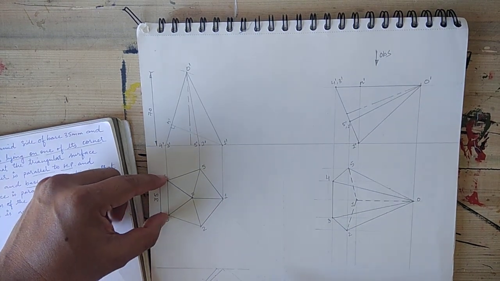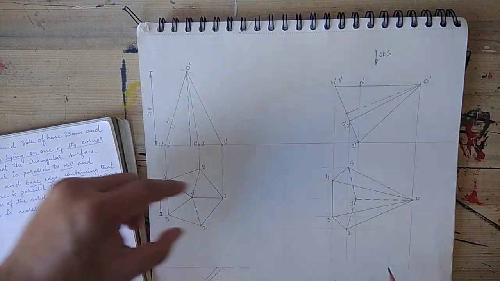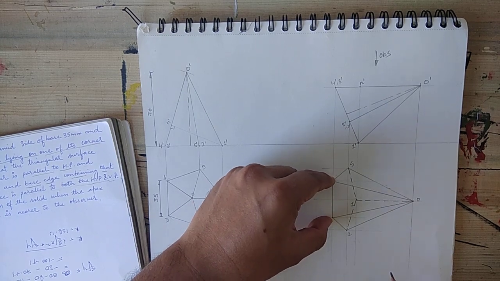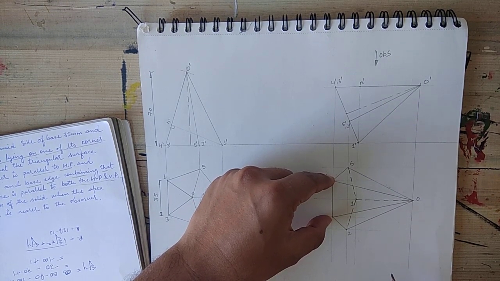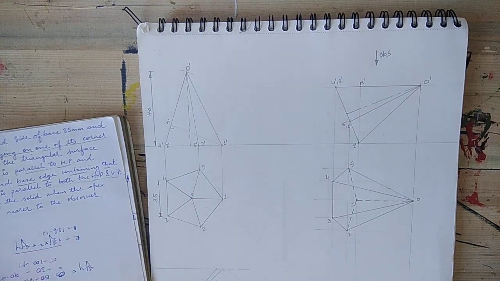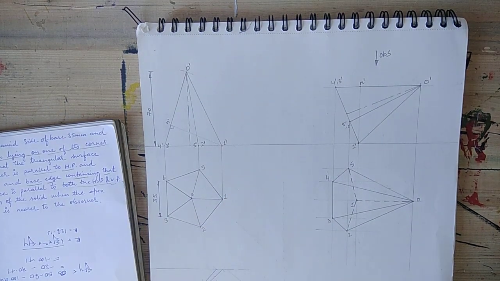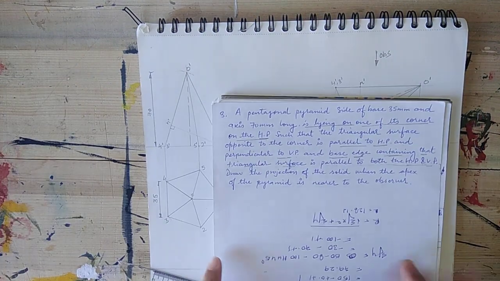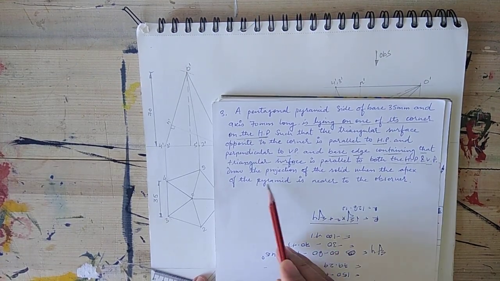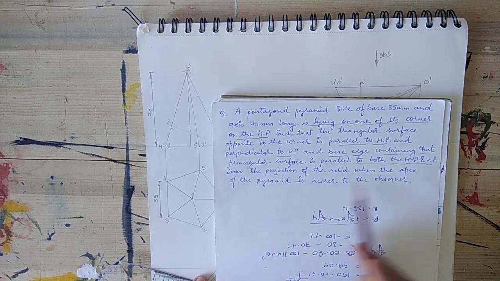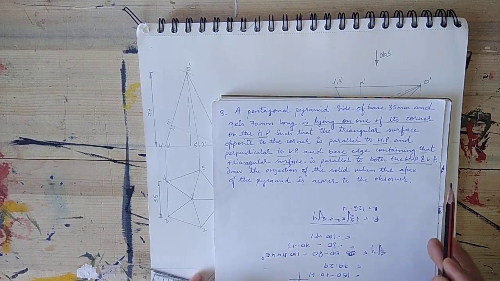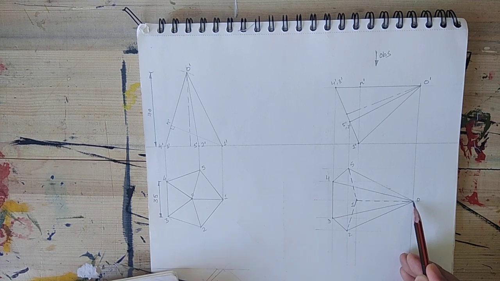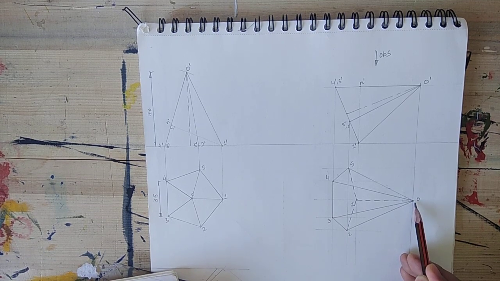So this 3, 4 is parallel with VP and parallel with HP in third stage. And one more condition is here class: the apex of the pyramid is nearer to the observer.